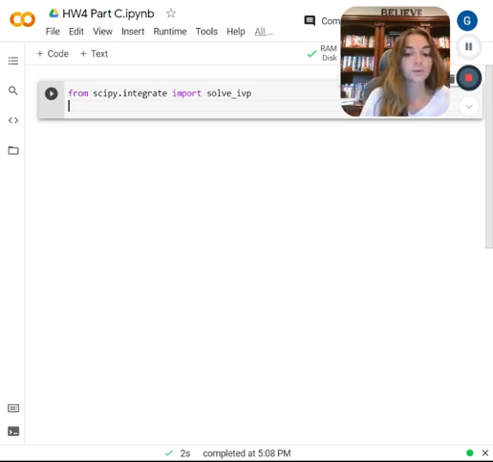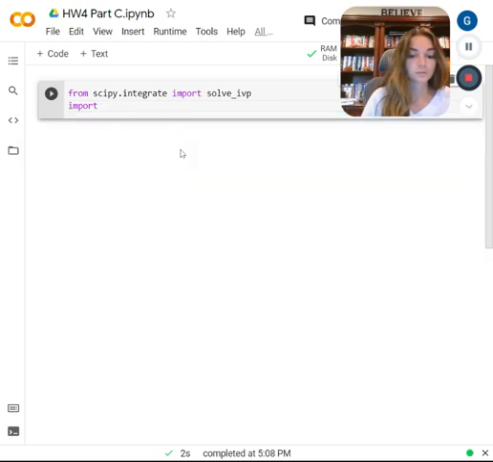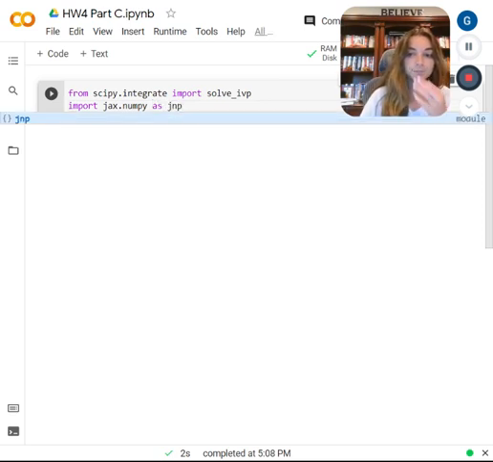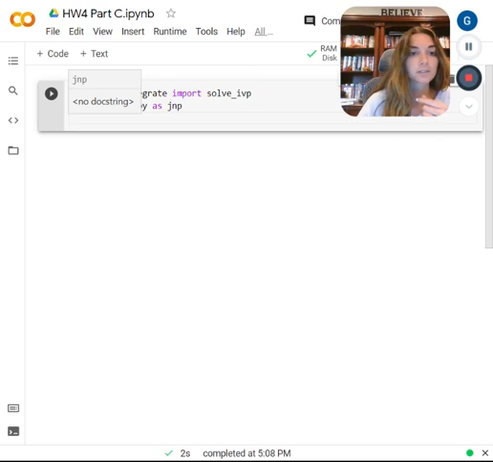And then we want to import NumPy as np. We're going to be using a lot of algebraic functions in our expressions, so that's going to allow for that in our code.